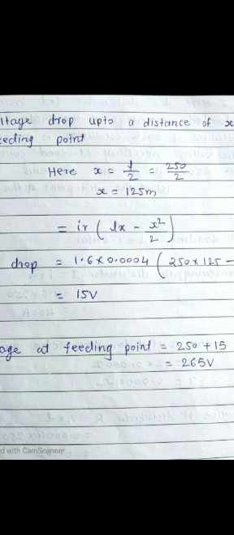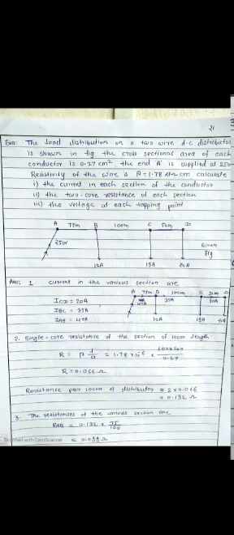It becomes 15 volt. So the voltage at the feeding point is 250 plus 15, equal to 265 volt. So this much is the voltage at the feeding point. Okay, take the next problem.